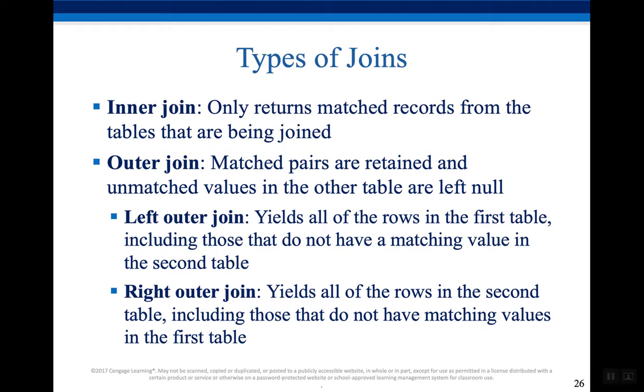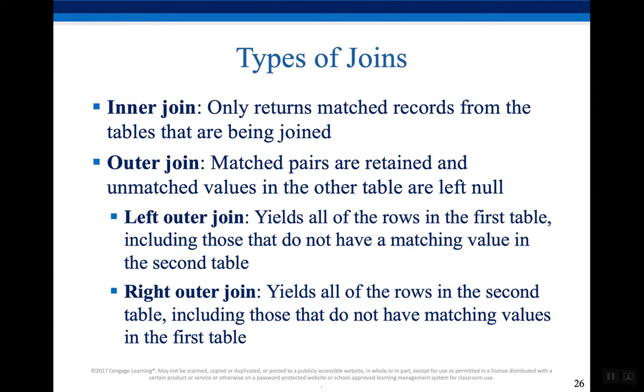Inner joins, outer joins, left outer join, left inner join. Inner join means only the matched records from the tables being joined. That's the only thing that's going to come back. In outer joins, matched pairs are returned and unmatched values are left null.